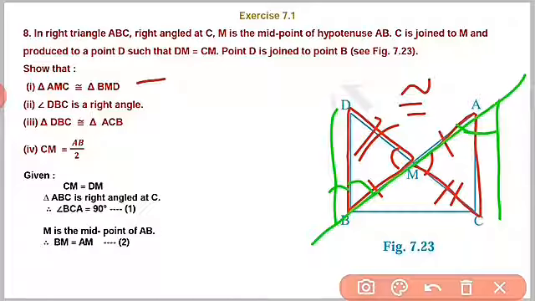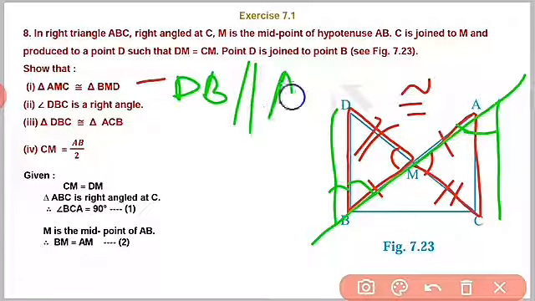That means they are a pair of alternate interior angles. Hence DB is parallel to AC.